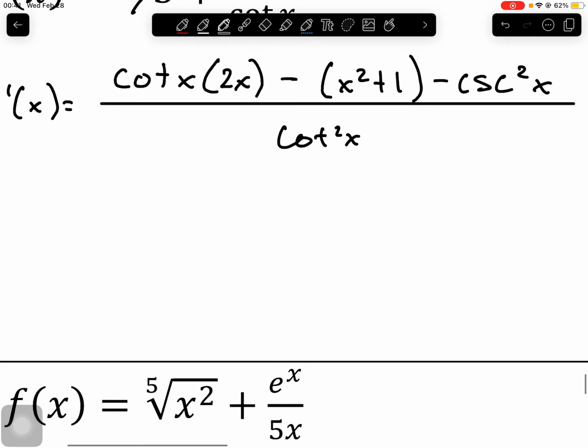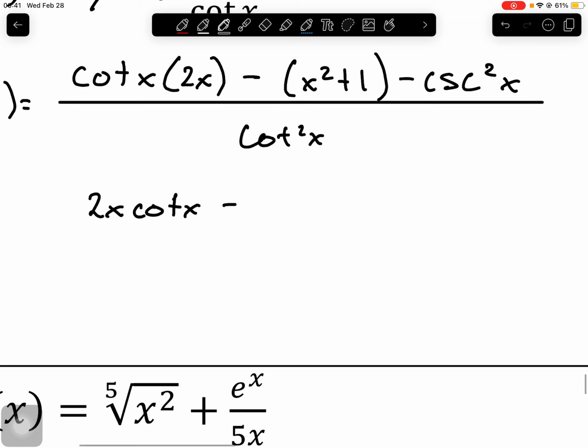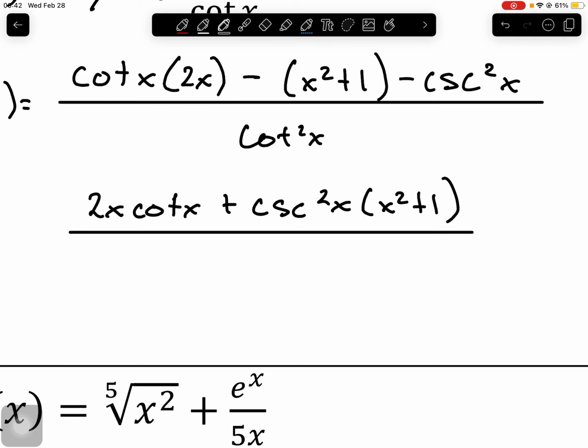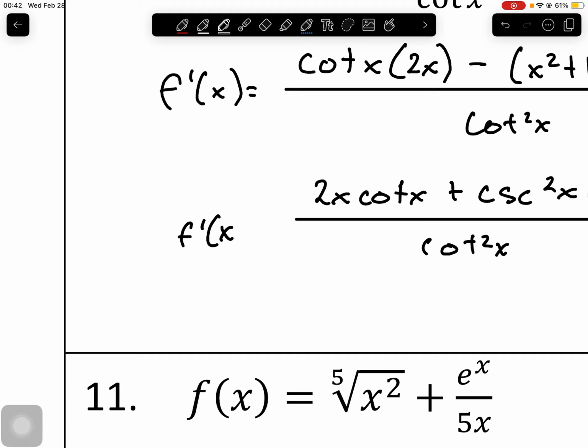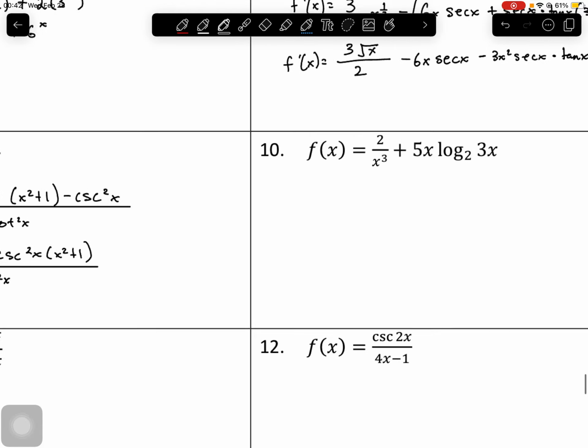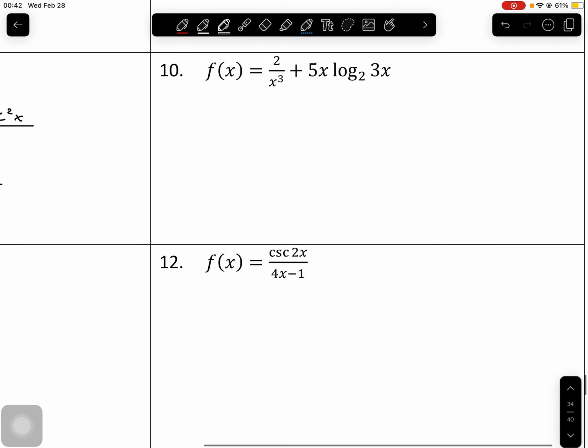Now here, this one's just going to be 2x cotangent x minus, it's going to be plus cosecant squared x, parentheses x squared plus 1, all over cotangent squared. Okay, 3 more and then we can check.